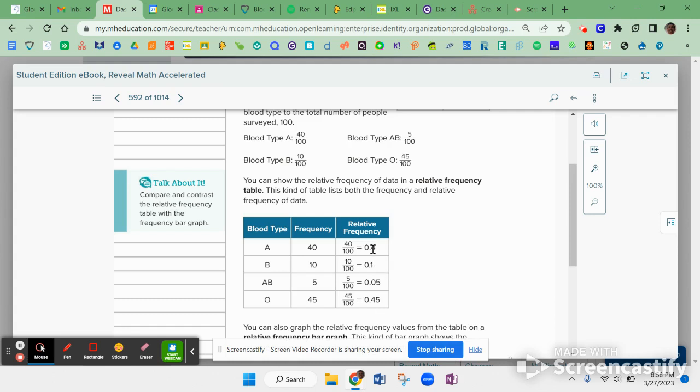So this means that 40% of the time someone in this survey had blood type A, and this means 10% of the time people had blood type B. Notice how if you add these up, it's going to equal one whole or 100%, because this is all the data that was collected. Relative frequency versus frequency.